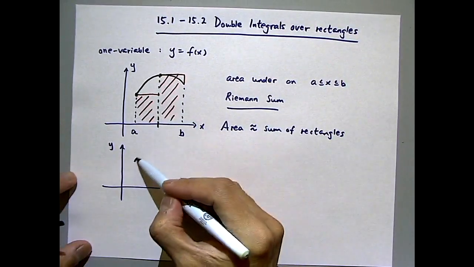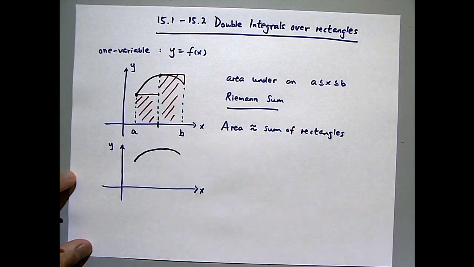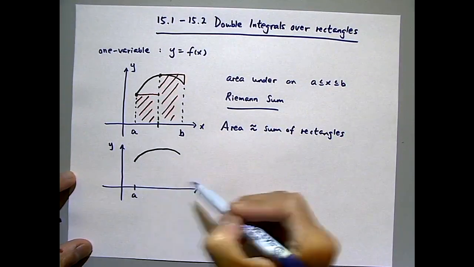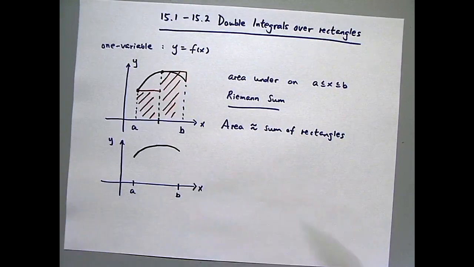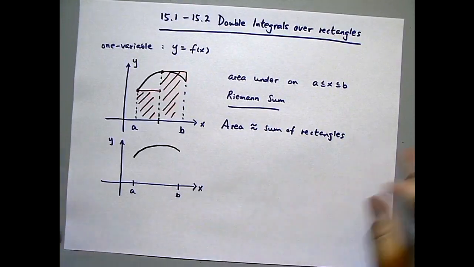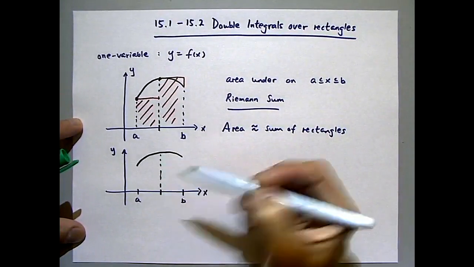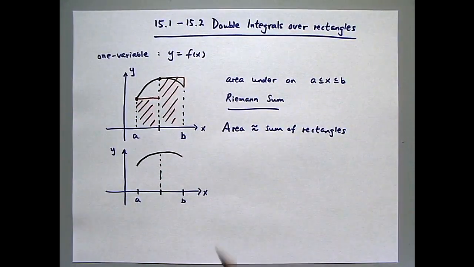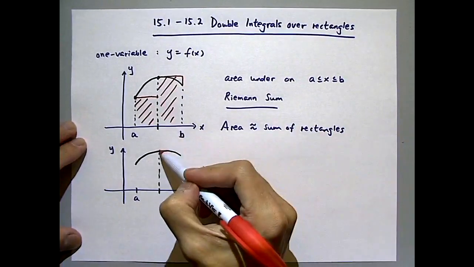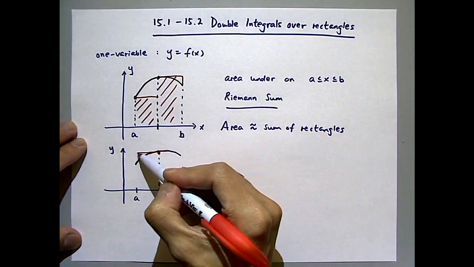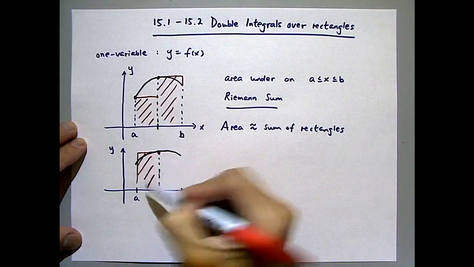I'm just duplicating the same picture here. Maybe I shouldn't have used so many colors, but it is what it is. Here we could use, for example, the right end point of each one. That's the representative point.